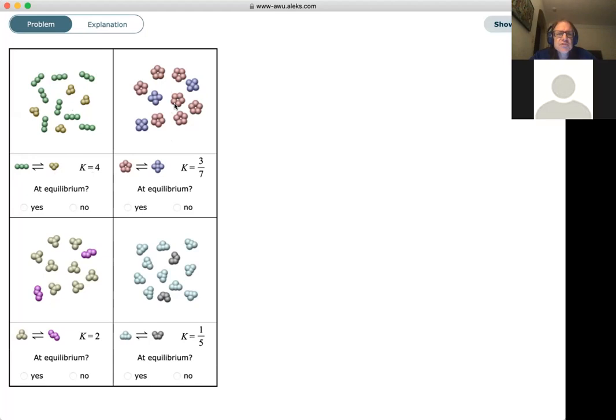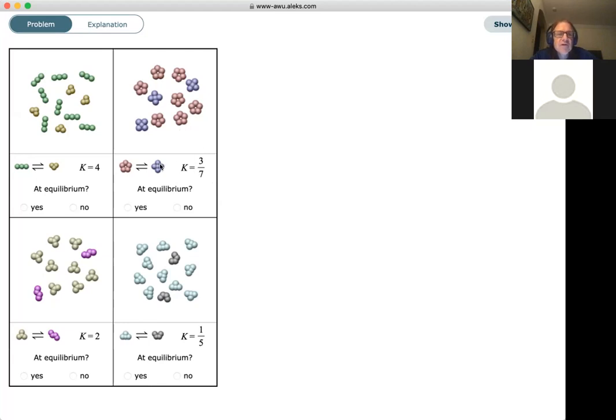Let's take a look at this one. So now we've got little pentagons versus little crosses, I guess, or plus signs maybe. Okay, so we want a ratio of 3 to 7. Keep in mind, if it is at equilibrium, it'll be 3 to 7 or 6 to 14 or 9 to 21, because 7 is a prime number, so you can't get many ratios that work out that way.